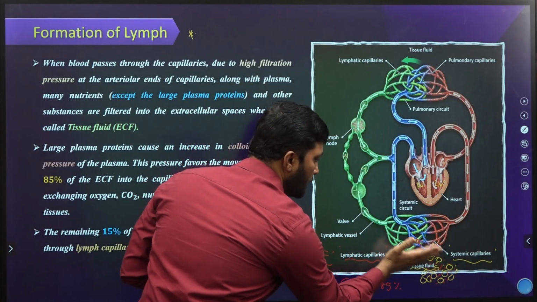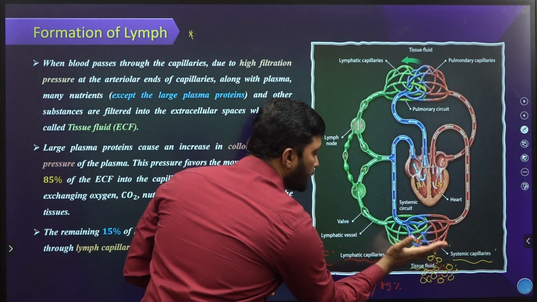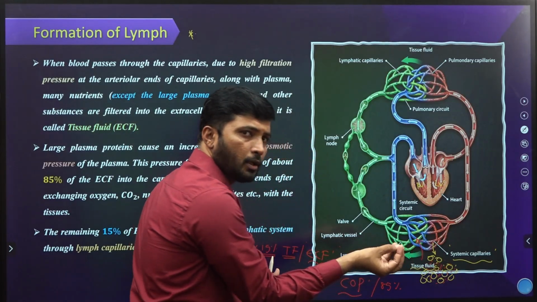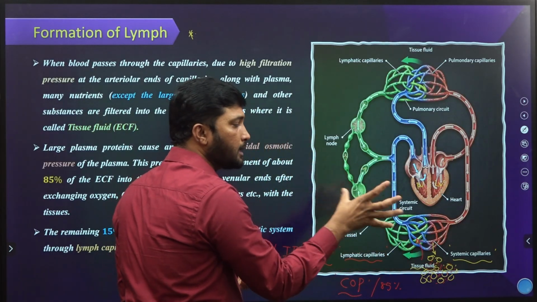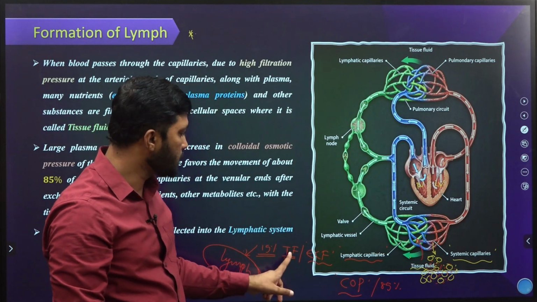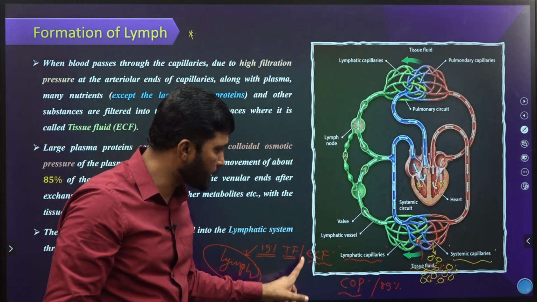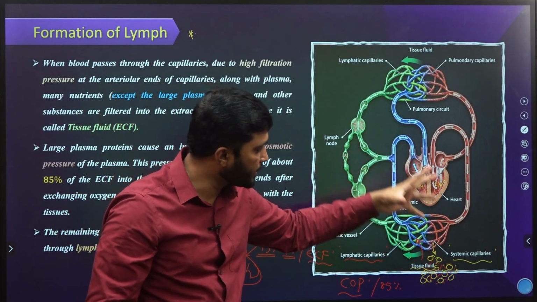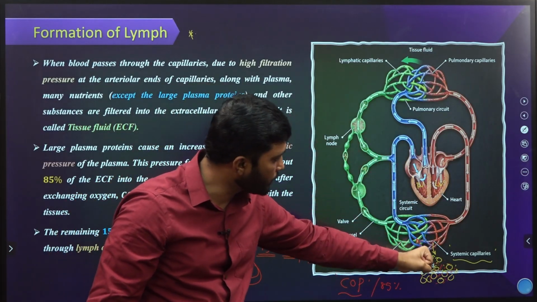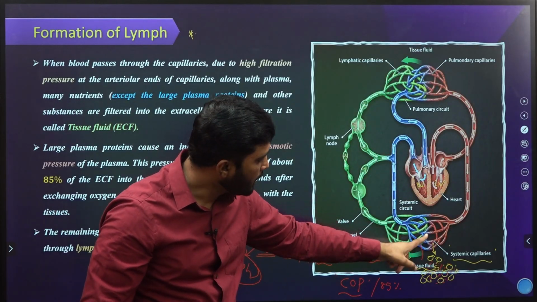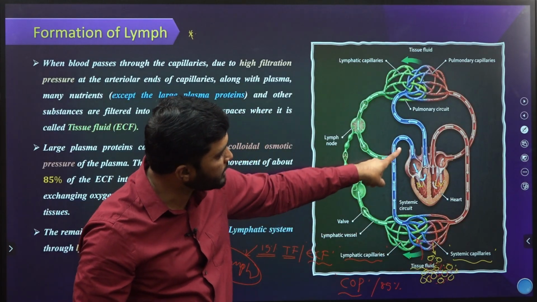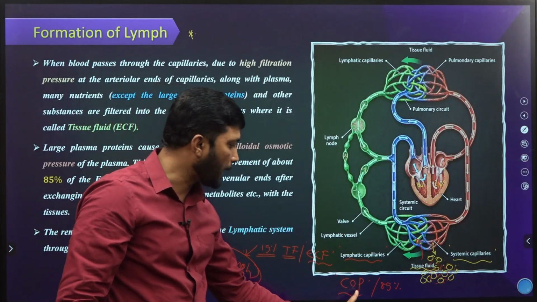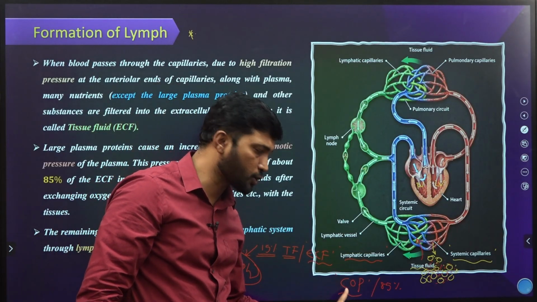Then the venous capillaries capture the maximum tissue fluid, 85%, along with carbon dioxide and wastes, back into the venous capillaries towards the heart by the main factor, colloidal osmotic pressure.